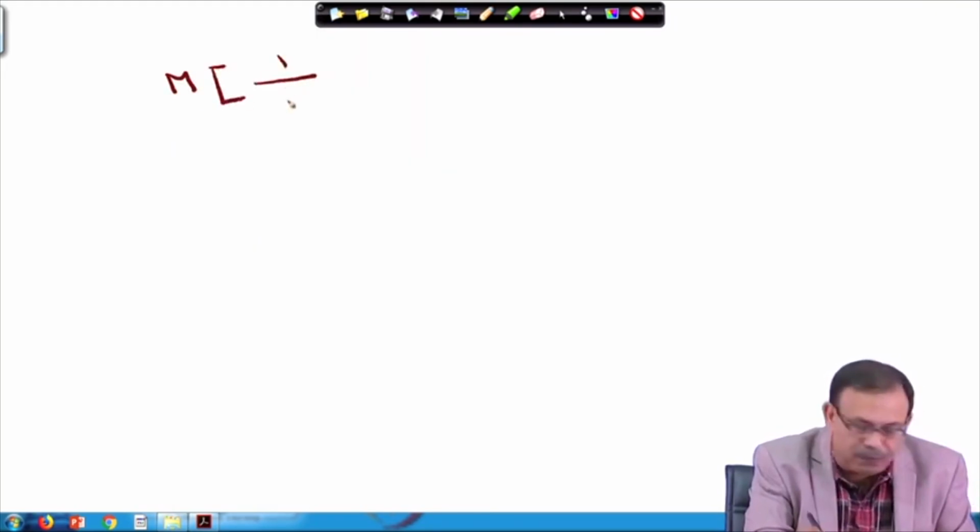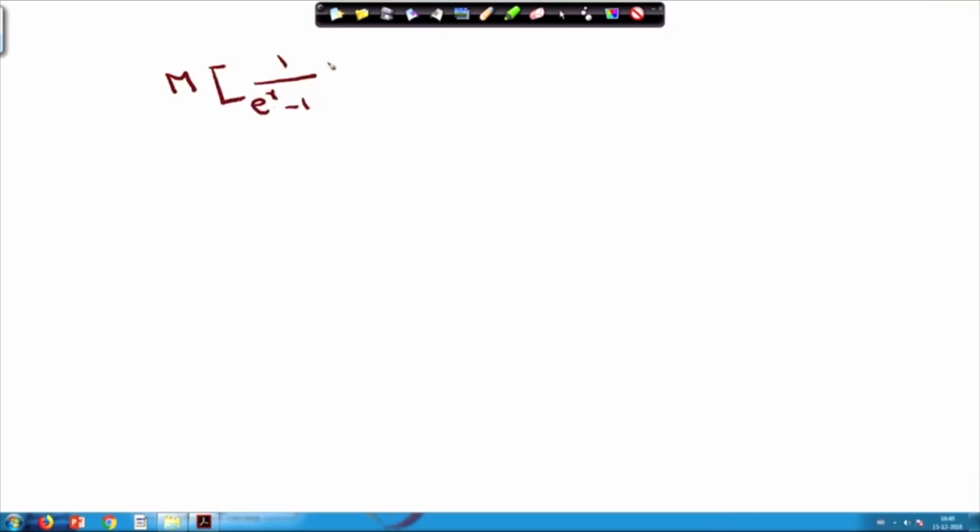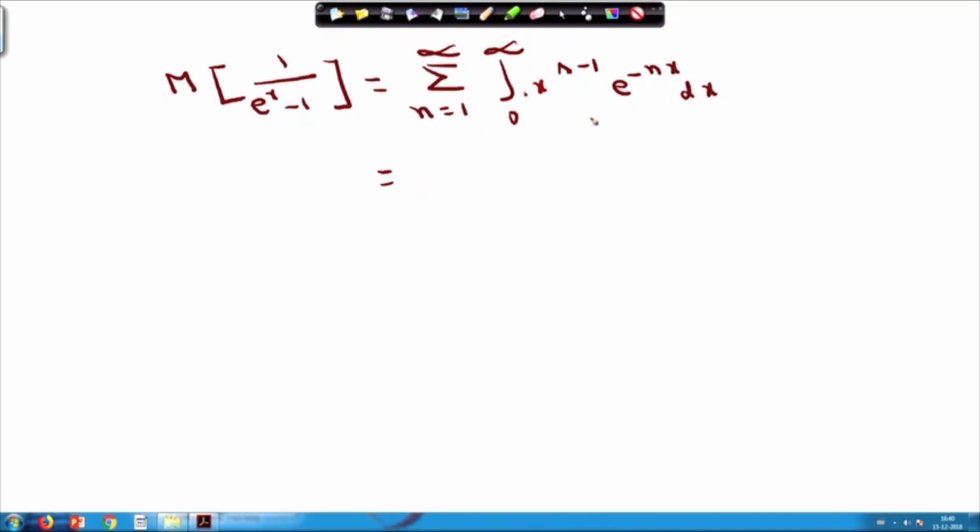Mellin function of 1 by e power x minus 1 equals, I can write down, summation n equals 1 to infinity, integral 0 to infinity x to the power s minus 1 into e power minus n x dx, and this is nothing but again summation n equals 1 to infinity. The value of this integral is nothing but gamma s by n to the power s.